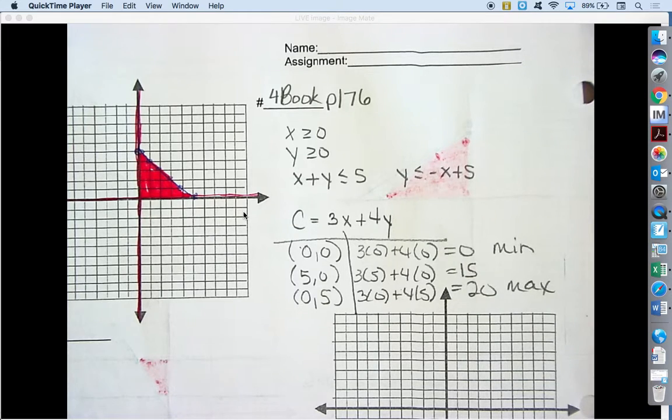I'm not collecting it today. But you could be asked a question with number 4 saying, what is the maximum value in problem number 4?